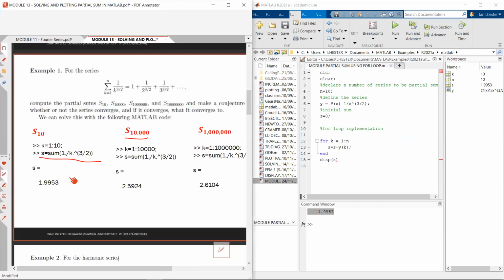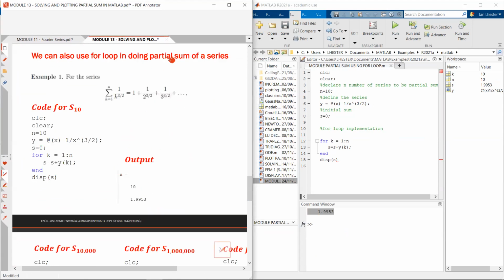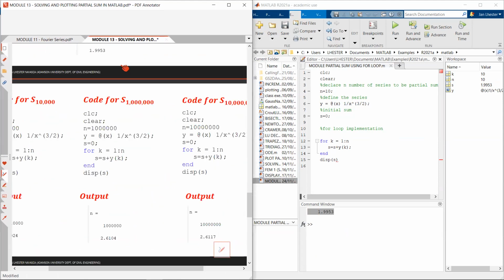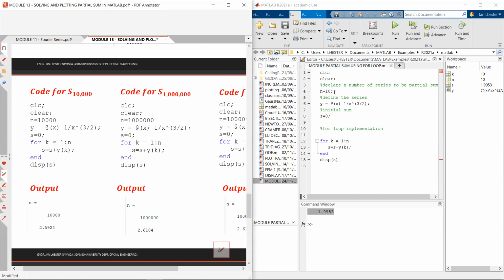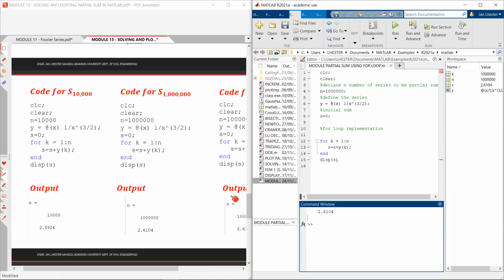Which is exactly the same using this one. Yan, 1.9953. Okay? So taking the partial sum for, again, 10,000, 1 million, and 10 million. So let's say 10,000, you get 2.5924. For 1 million, you get 2.6104.